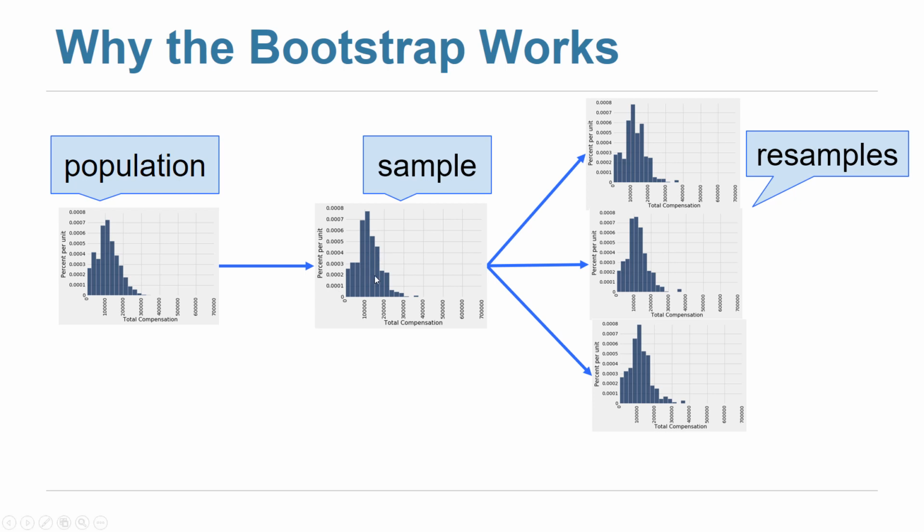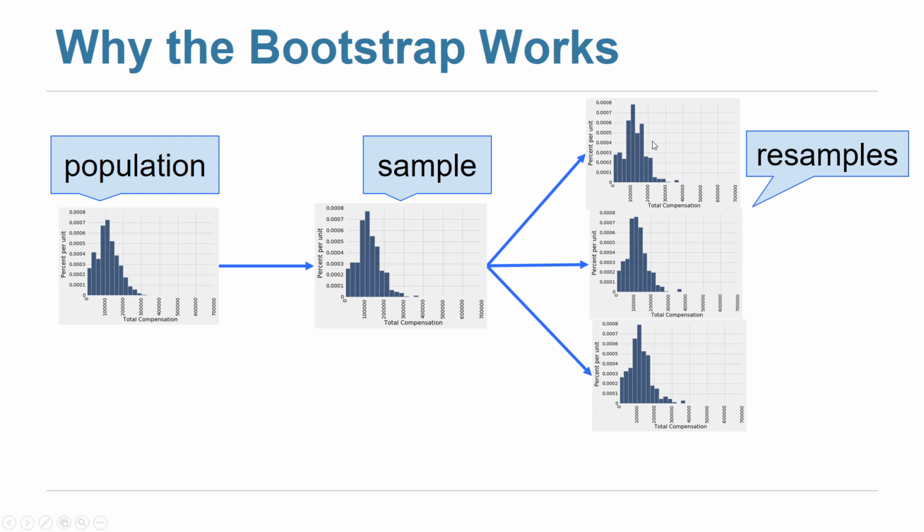Notice that this original sample comes from the population, and these samples come from the original sample, from the one sample that we have from the population. Now, if that sample is large enough and random, then it will be similar with high probability to the population distribution.